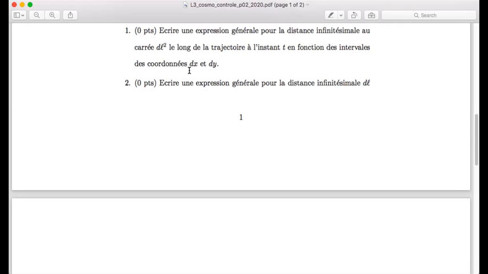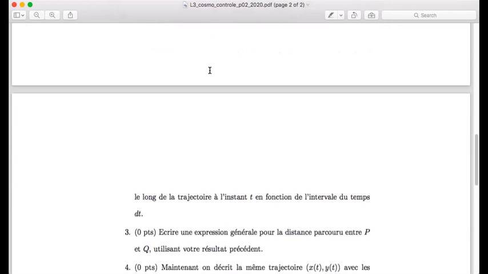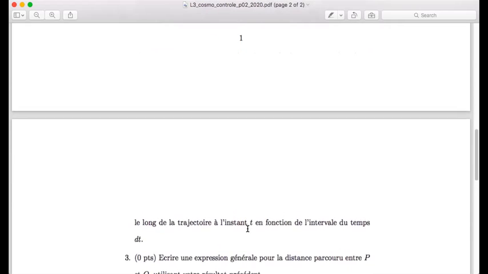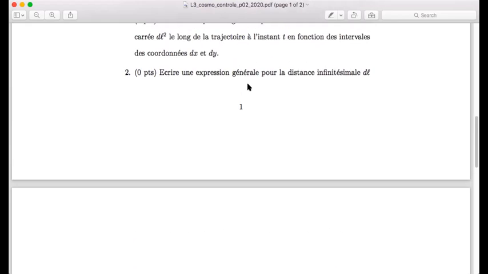Recognize that as the x component of the velocity squared and the y component of the velocity squared, right? And now take the square root of both sides, the positive square root. So dl divided by dt equals the square root of the sum of these two velocity components.